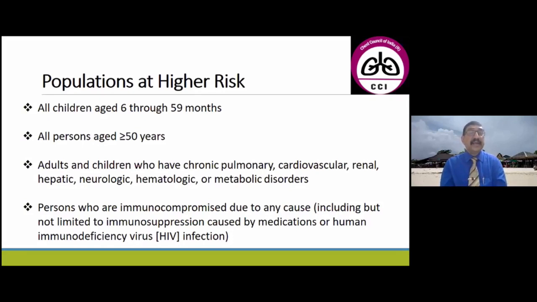All persons aged more than 50 years, adults and children who have chronic pulmonary, cardiovascular, renal, hepatic, neurologic, hematologic, or metabolic disorders. Persons who are immunocompromised due to any cause, like human immunodeficiency virus infection or any other drugs. Those category of patients constitute the high-risk individuals, and those patients you have to vaccinate with influenza vaccination.